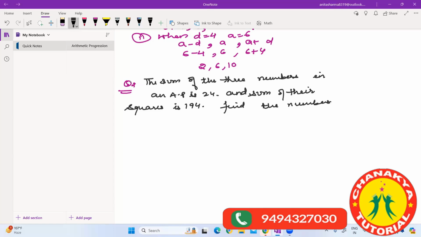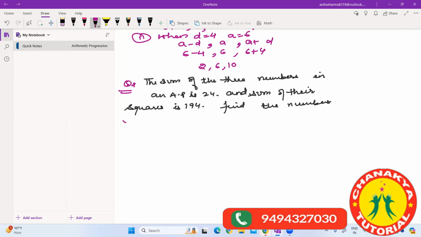First of all, you will write the numbers: A minus D, A, then A plus D. Their sum is given as 24, then you can find the value of A. 3A is equal to 24, so A will be 8. And then the sum of their squares: A minus D whole square plus A square plus A plus D whole square is equal to 194. This condition is given.